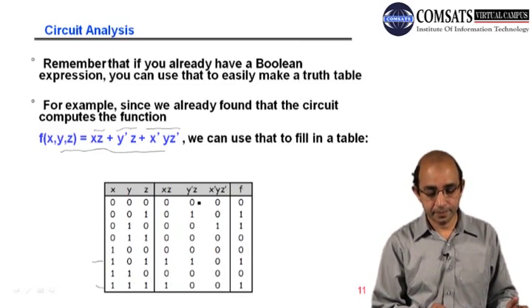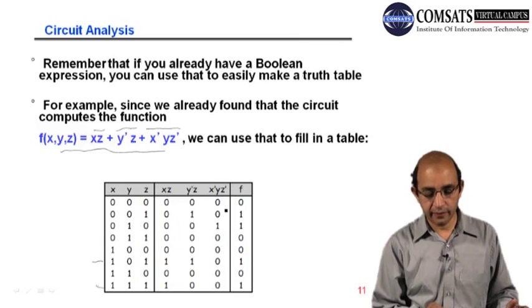Here you can see that y bar is 0, and z is 0, so we will be getting 0. Here z is 0 and y is 0, so y is complemented and will be 1, so 1, 1, 1. So we will be having another one here. Here again y is 0 and y complemented becomes 1, so 1, 1, 1.